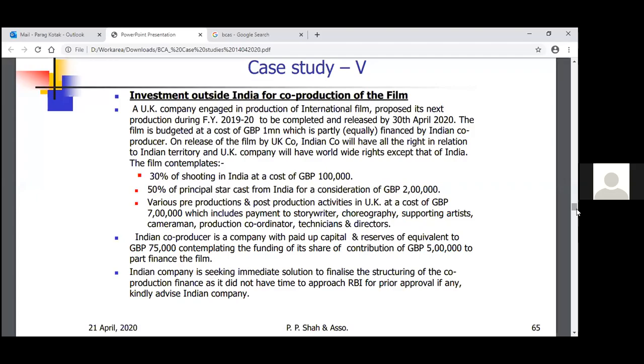Just to give an example of a particular transaction, how the pattern and nature of the transaction can materially change when we do it differently.